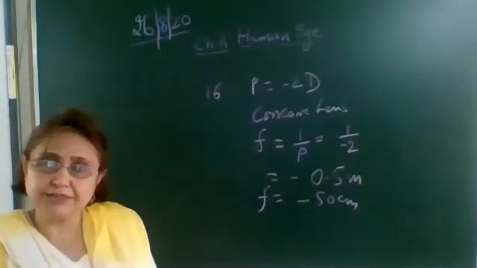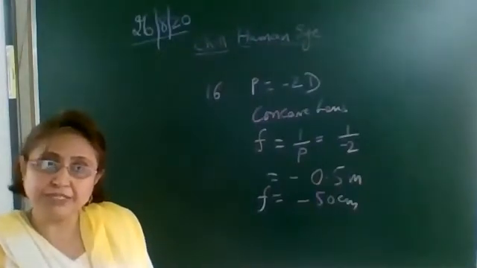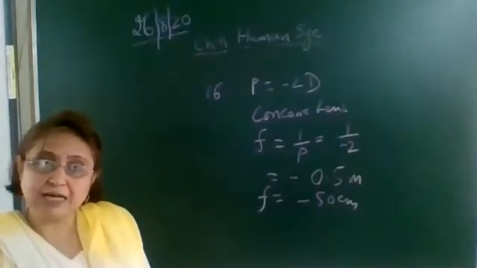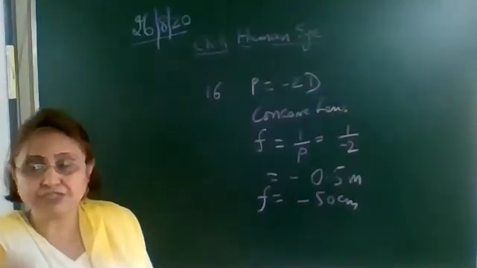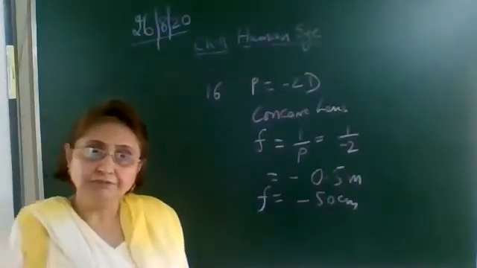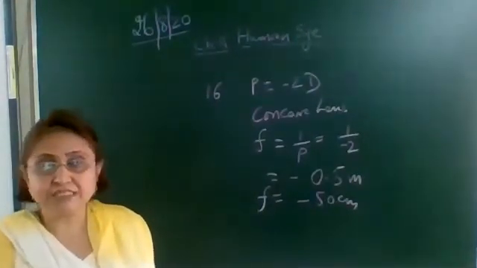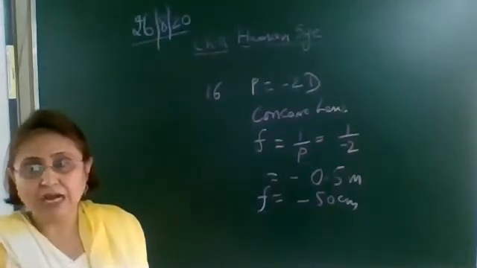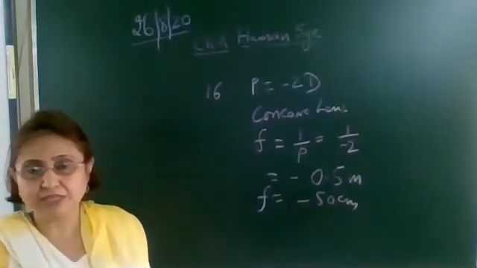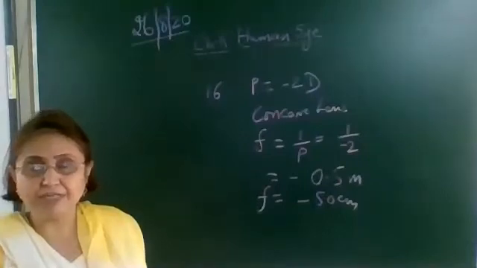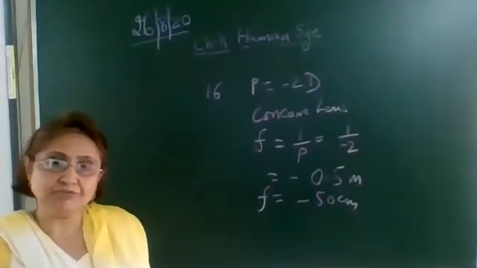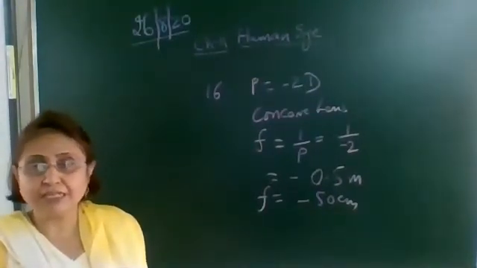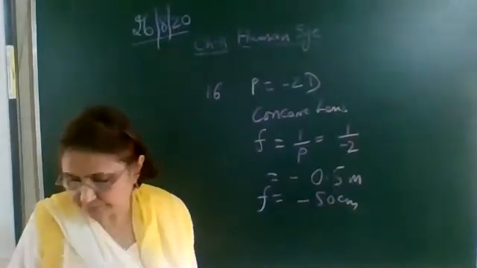Again, the power is given, but this time the power is positive. And it is asked whether the lens is converging or diverging. We know that convex lens is a converging lens and concave lens is a diverging lens. As the power is positive, it means it is a convex lens, and the convex lens is converging.